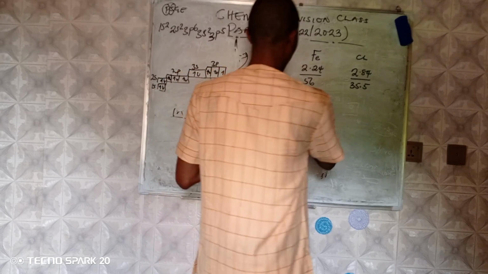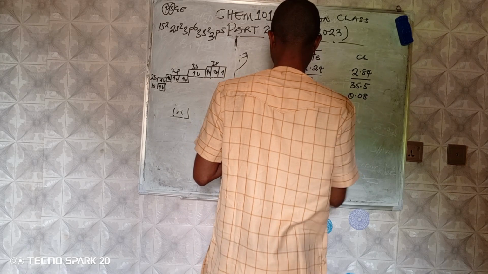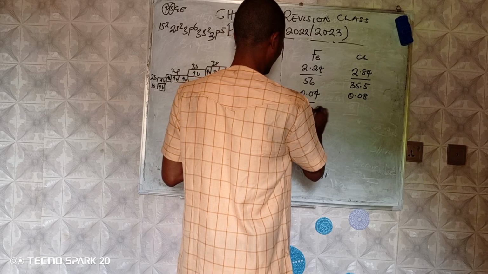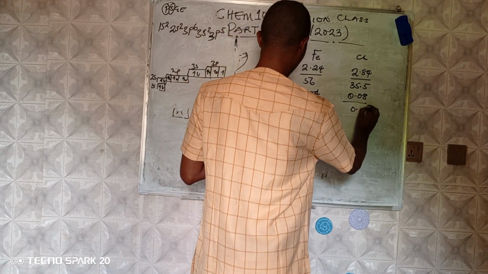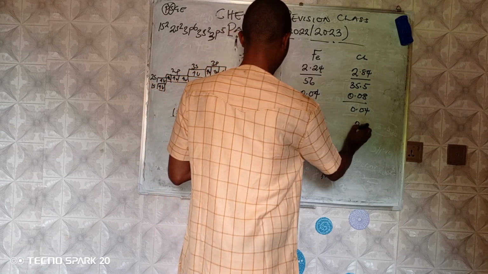Then we have 0.04 and then we have 0.08. We are dividing by the smallest. Here we have 0.04, then we have 0.04 also. We have 1 and we have 2.